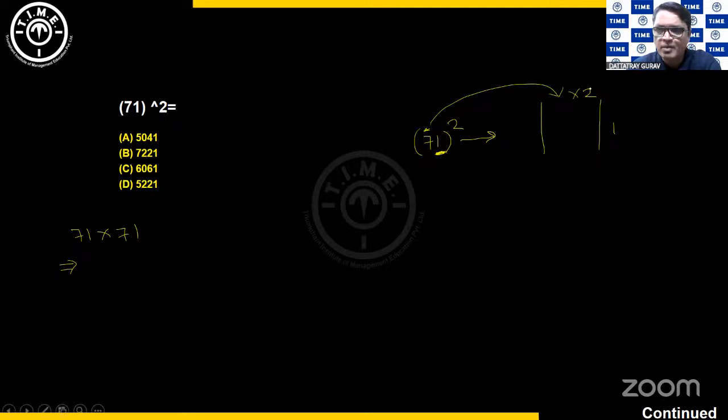So 7 twos will be 14. The first group will be 7 square, which is 49. So this is not the answer yet. The last part, 1, stays as it is. The middle part, 4, stays as it is, and this 1 should be carried forward. It becomes 50. So what is the final answer here? 5041.